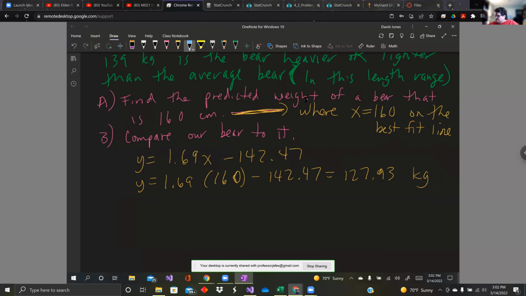So the predicted value of a bear of 160 centimeters right there would be 127.93 kilograms.